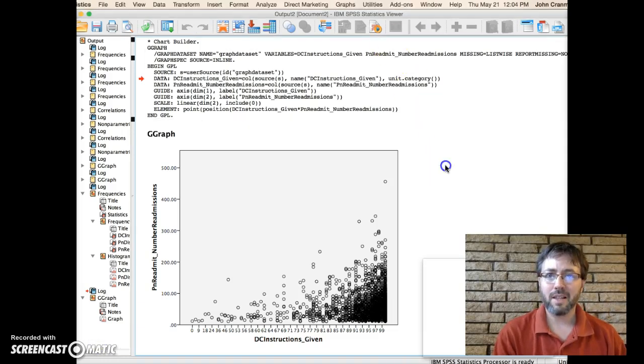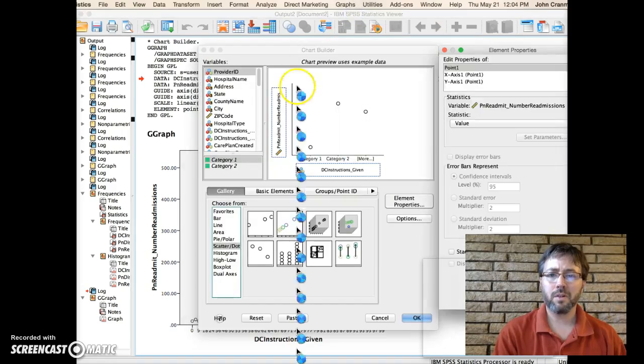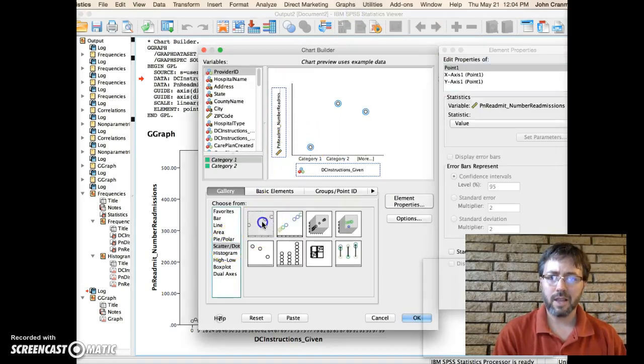So let's do the same for another variable set. Let's come back to SPSS. We'll select Graphs, Chart Builder, go to the gallery, select the scatter plot, and this time examine the relationship between hospital readmissions and hospital discharges for pneumonia.